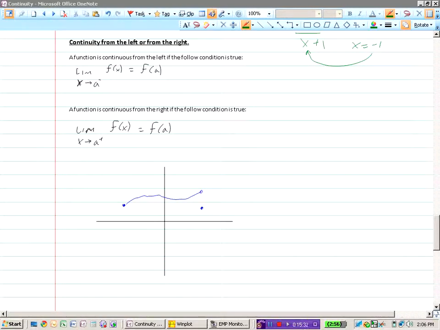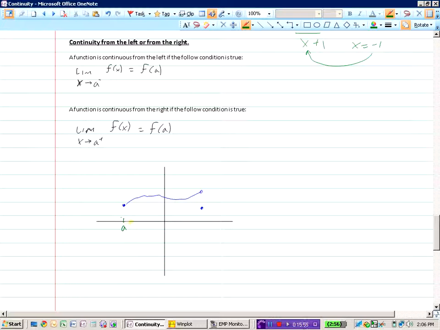So let's look at this graph here. And let's say for the purposes here that this is a, and we want to look at, is this function continuous from the right? We can't even approach it from the left, so we couldn't say that the function is continuous from the left because there is no left of a. The function starts at a.